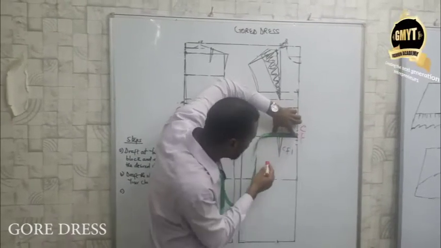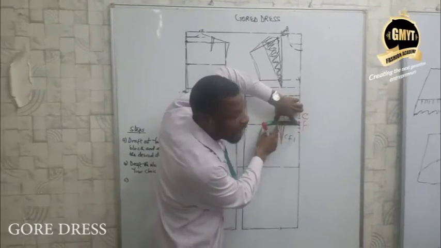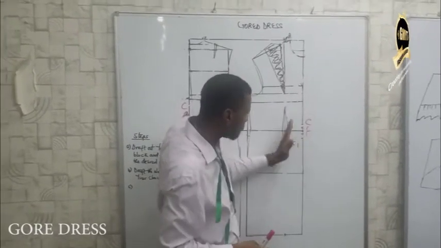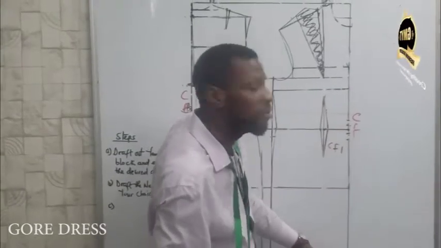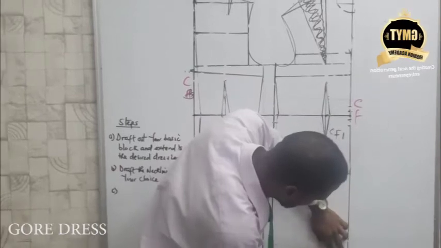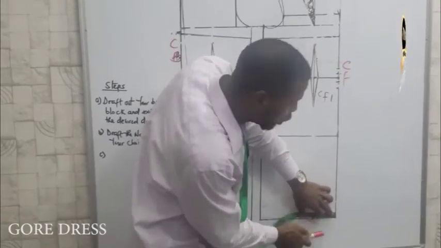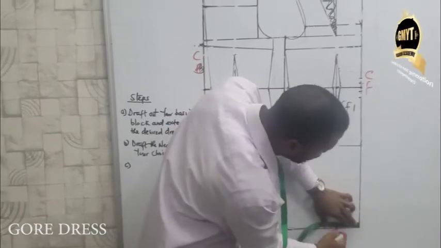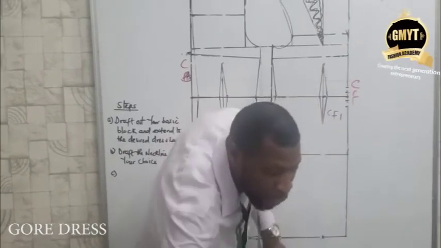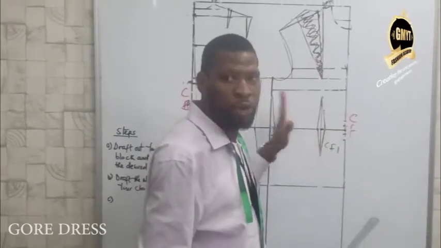If you're seeing it clearly, I have 9 cm here, and that's going to determine my panel point for the center front. Now you come to the base, the full length of your dress, whether it's short or long, and measure 9 cm from the center front. That will regulate the balance line for the panel of the front block.